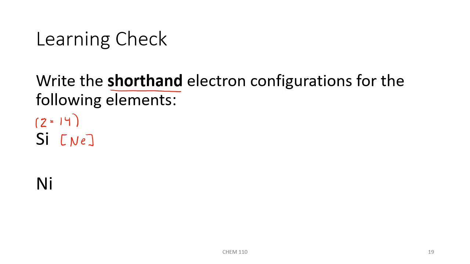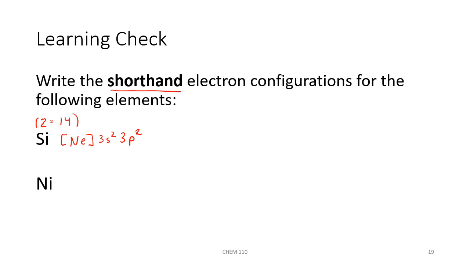And then everything after neon up until silicon. So after neon, we would be moving to the 3s, and that's going to be sodium and magnesium. So we'll have 3s2. And then after that, we would go to the 3p. So 3p1 is aluminum, and 3p2 is silicon. So we're going to have 3p2.